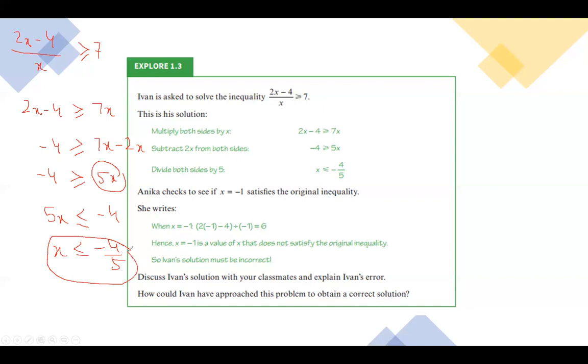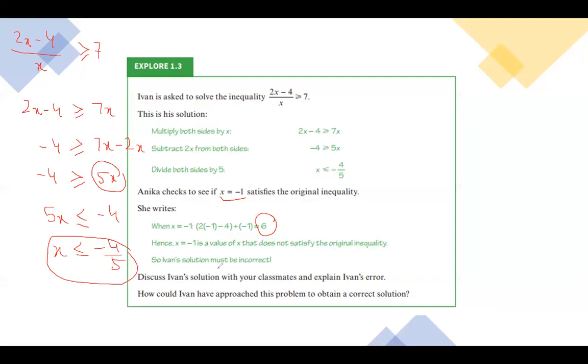Now check it. For example, Anika checks to see if x equals minus 1 satisfies the original inequality. Putting the value x equals minus 1, the value equals 6. Hence, x equals minus 1 is a value of x that does not satisfy the original inequality.